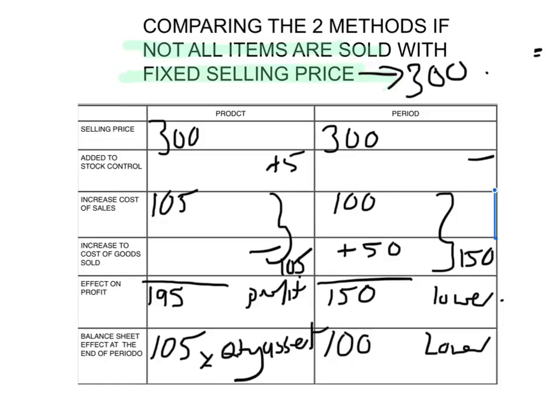So if you're deciding on a method, it's all about making sure you have the most accurate profit. If you're likely to sell all the items, then it's fine to treat things as a period cost, because if you're going to use it all up, you might as well charge it all in one hit.